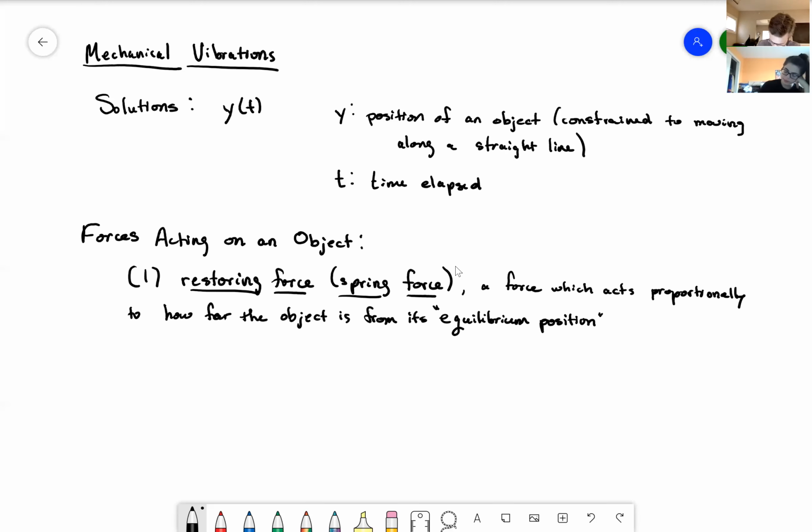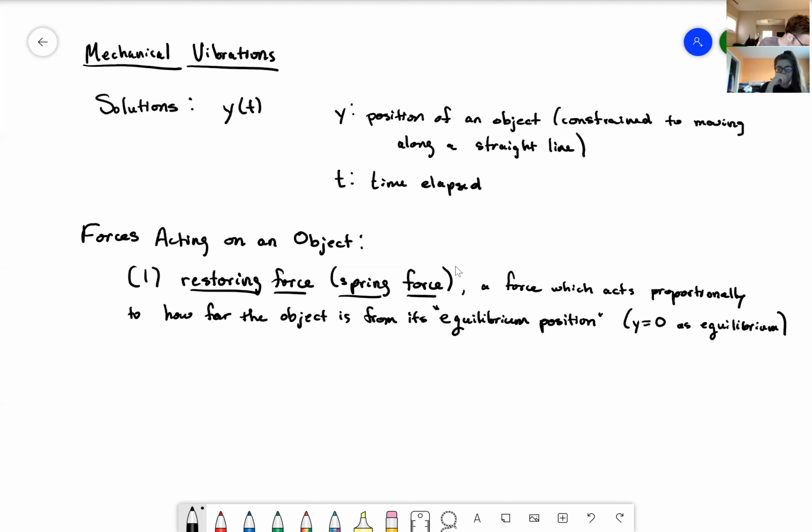So this is how far the object is from the equilibrium position, and we'll think of y equals 0 as equilibrium. If the object is vertically above the equilibrium position, we get positive y, and below it will be negative y.